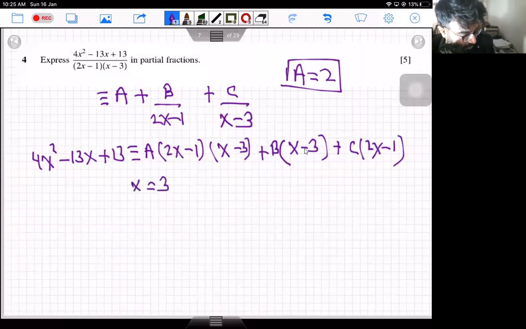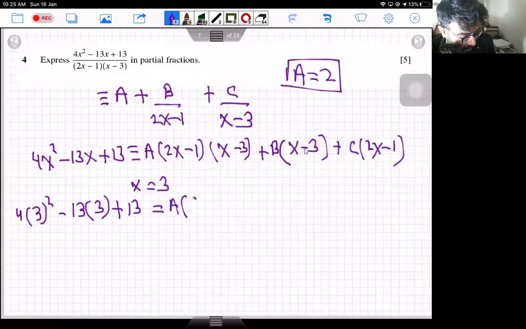When I substitute x is equal to 3, 4 times 3 square minus 13 times 3 plus 13 is equal to a multiplied by 0, because this whole term is eliminated, and b will be multiplied by 0 as well, and then c will be multiplied by 2 times 3 minus 1.